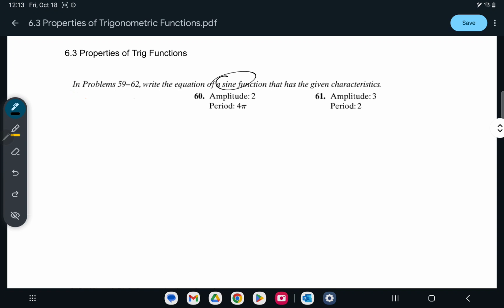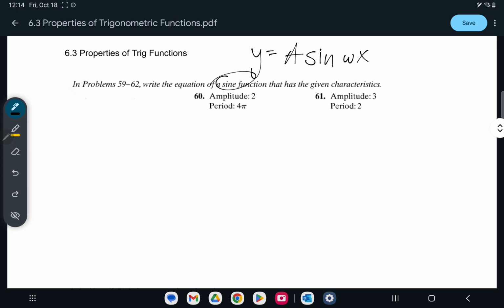We're going to use a sine function. So y equals A sine of omega x. That's what we're building for.